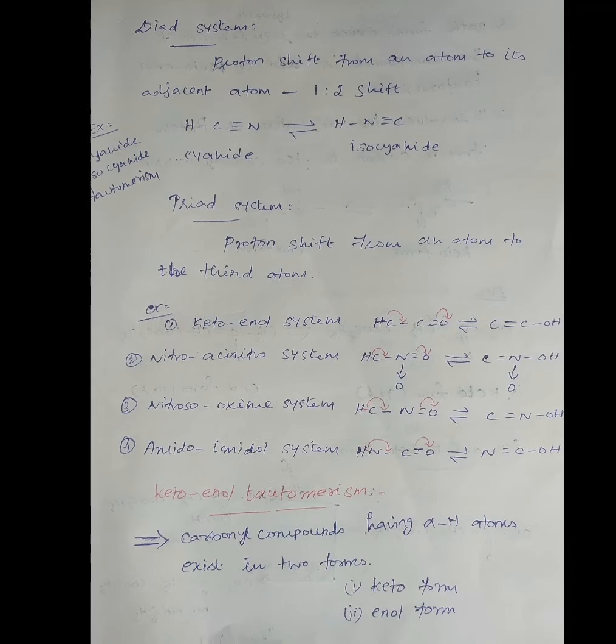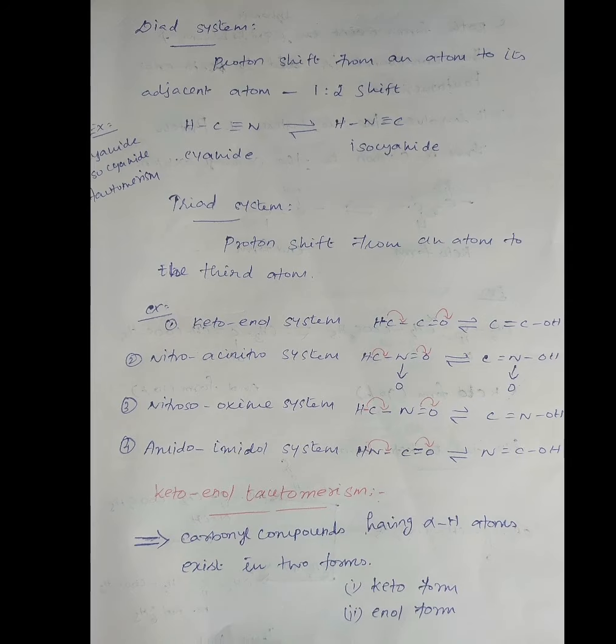So what is triad system? Proton shift from an atom to the third atom. For example, keto-enol system. Here you take CH, C double bond O, and put the numbers. You give number 1 to CH, number 2 to carbon, and number 3 to oxygen atom.